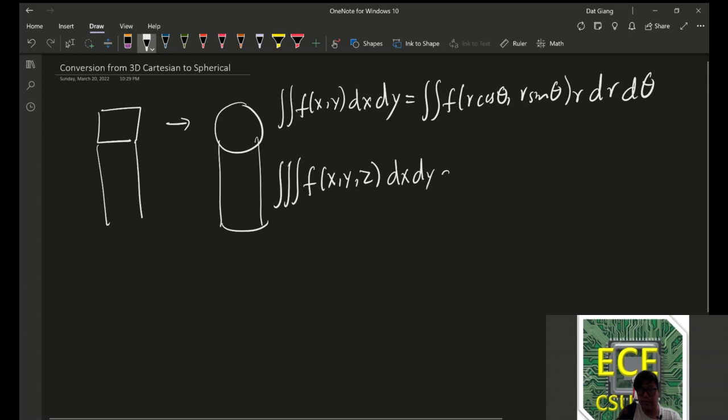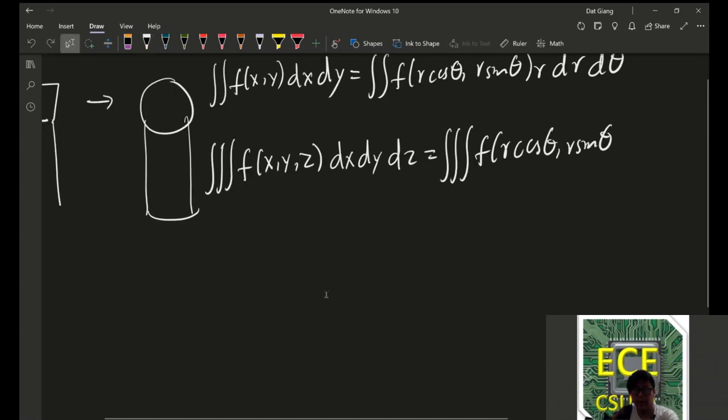dx, dy, dz. In this situation, we have the triple integral of f of r cosine theta, r sine of theta, and I might run out of space, so I'm going to move a little bit to the side.